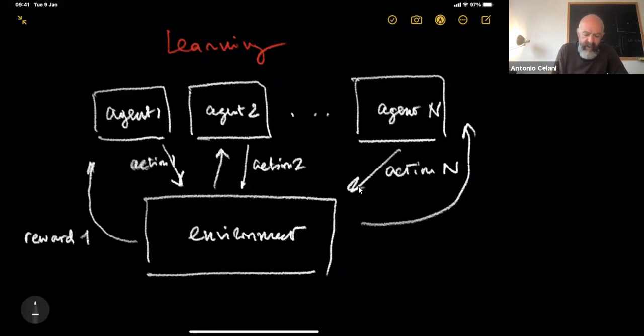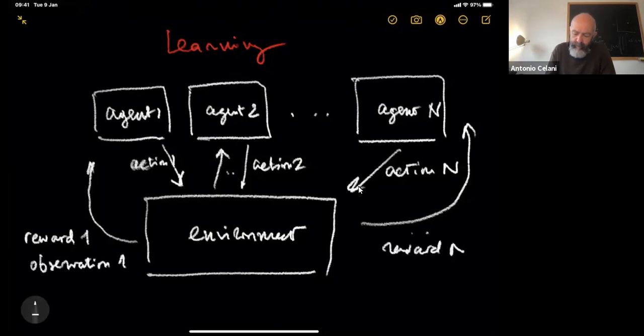So agent 1 gets a reward and an observation, and so on and so forth. These observations could be full states or could be just partial observations. Okay, there's no specification whatsoever.